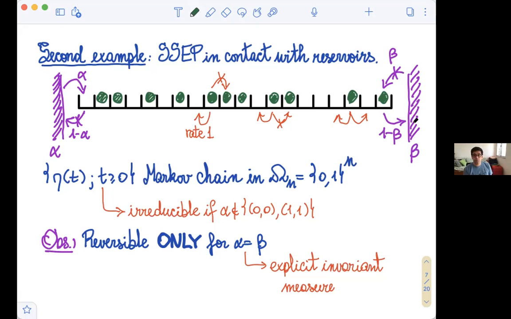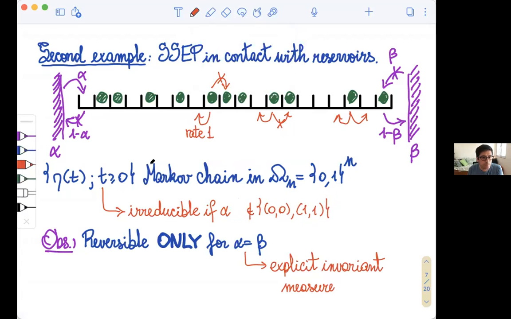And it's going to be irreducible unless the couple alpha, beta is trivial. Unless the boundaries are trivial, you will have an irreducible Markov chain.